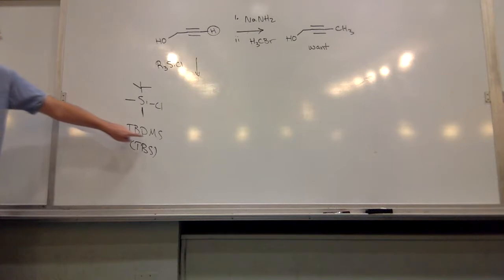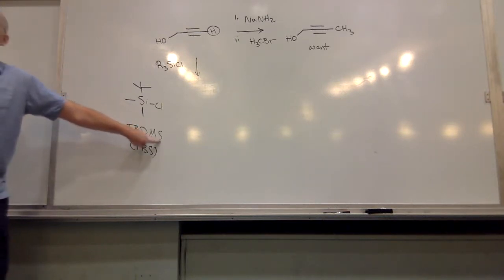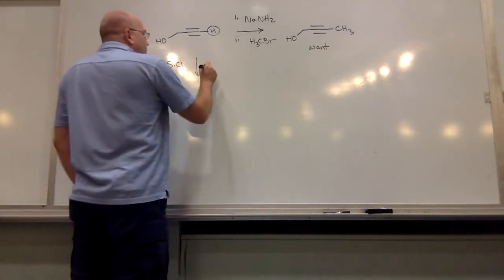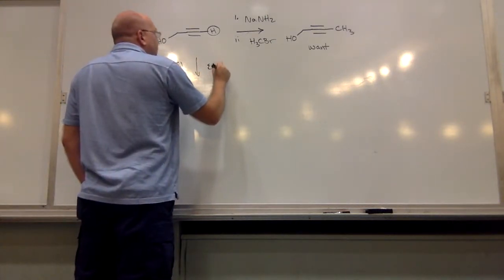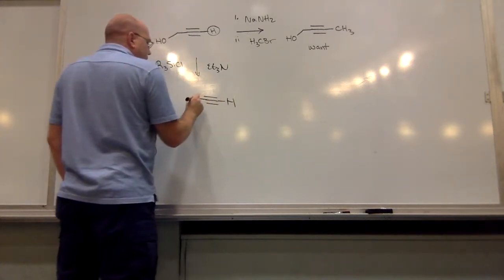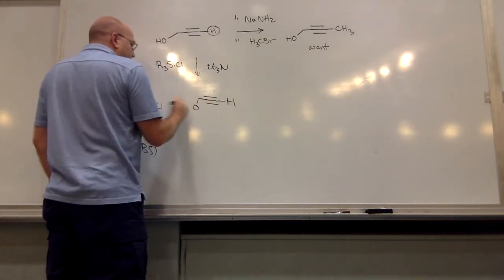T-B is tert-butyl, D-M is dimethyl silane. So you use TBDMS chloride, and then you use triethylamine, and that will put on your silyl group.